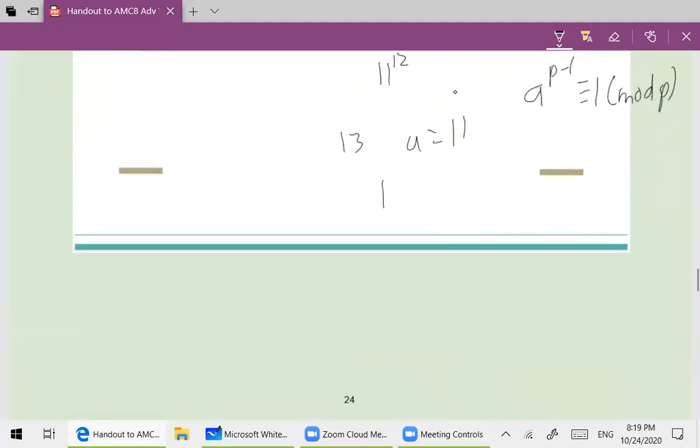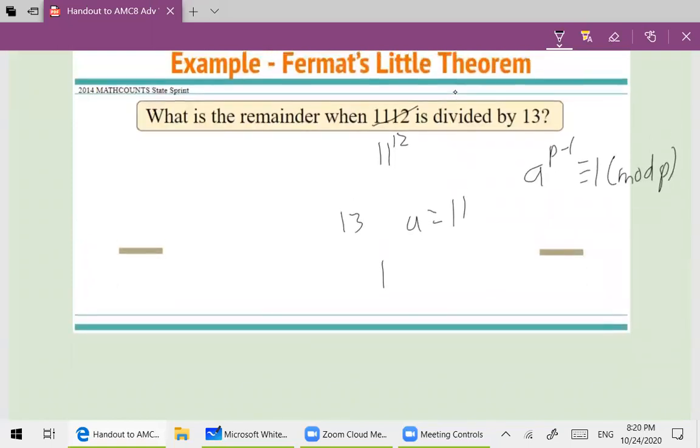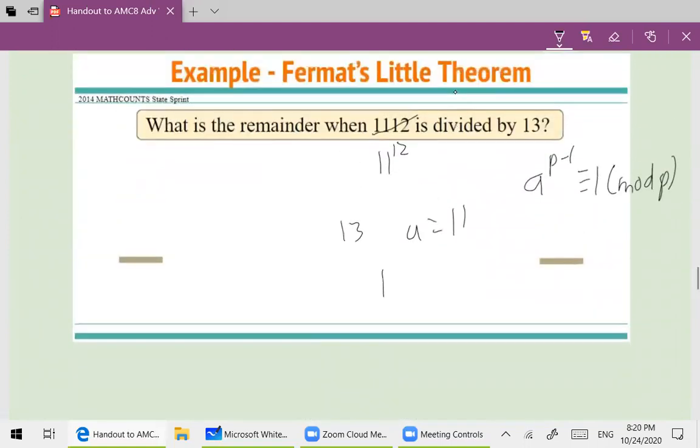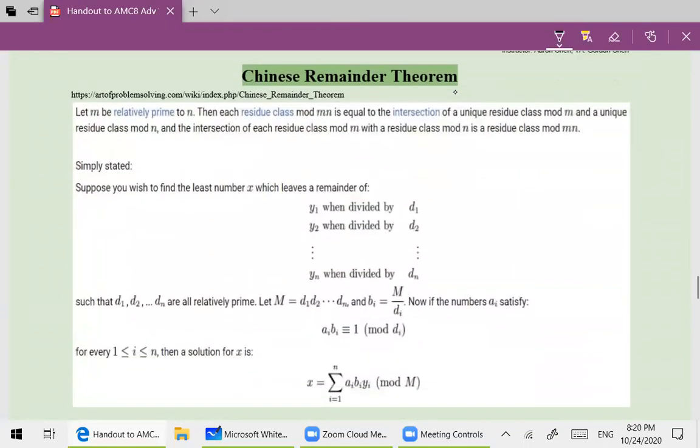And a fun aside is that Fermat's little theorem is a special case of Euler's totient formula, for prime p. But you don't need to know that.